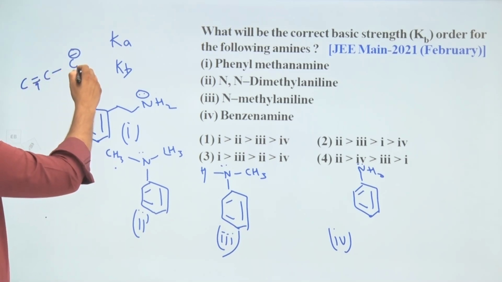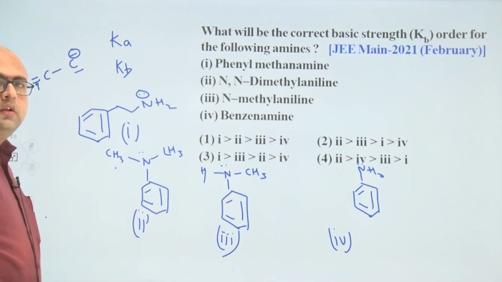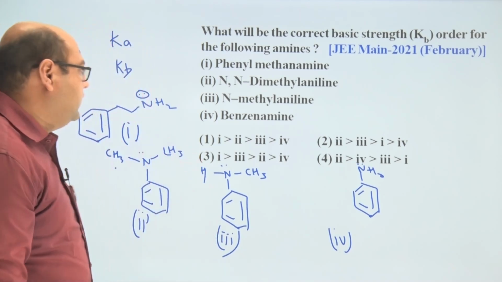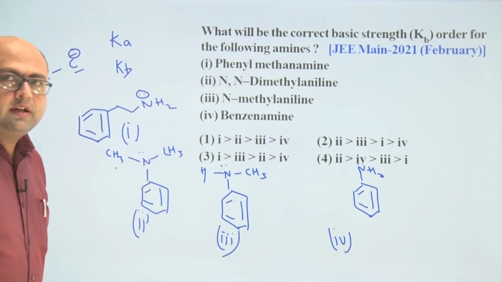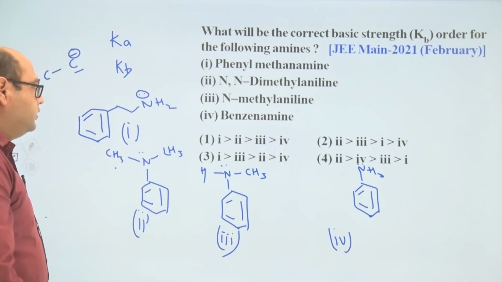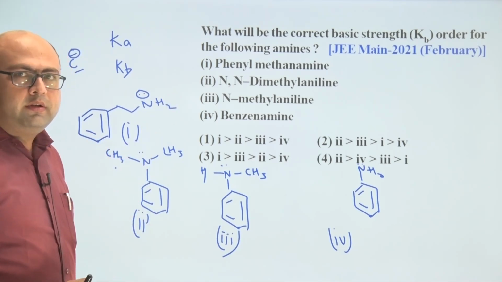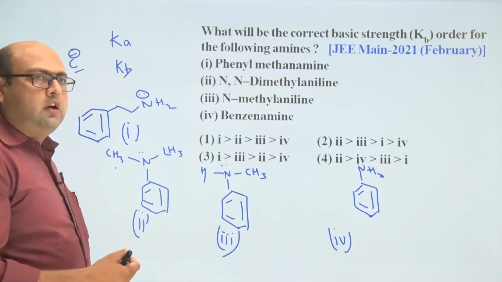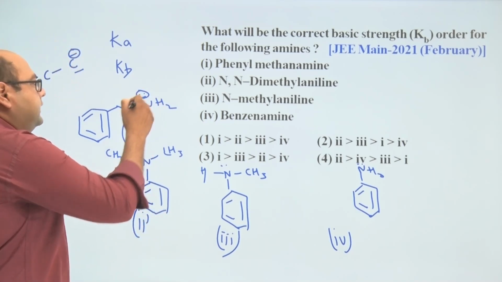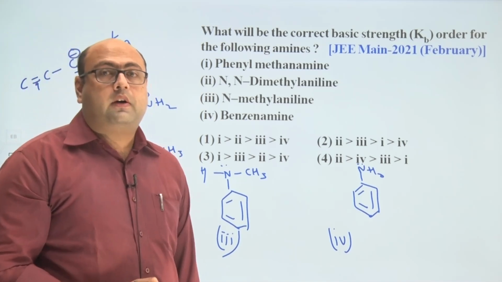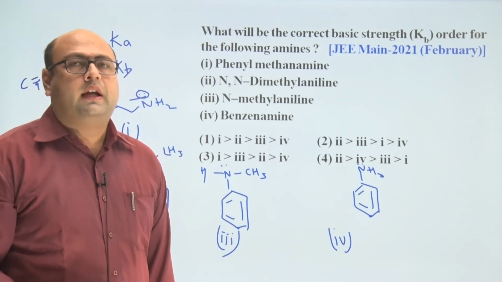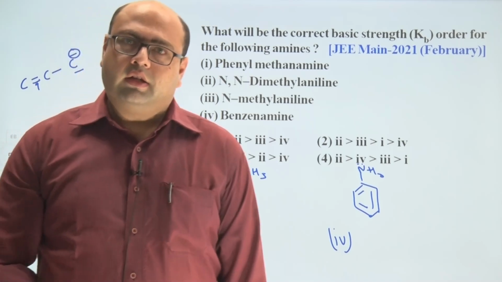If the negative charge is far away, then no resonance can take place. So here the lone pair is not in conjugation with the double bond, resonance will not take place, and the lone pair will be localized on nitrogen. So this will be a highly basic compound. Its Kb value will be very high.